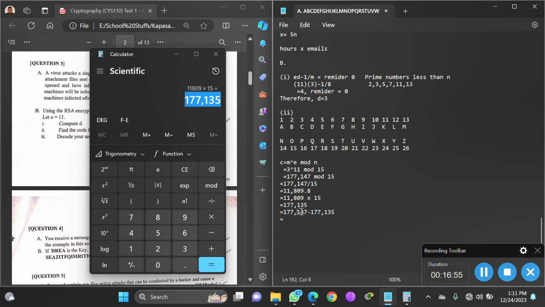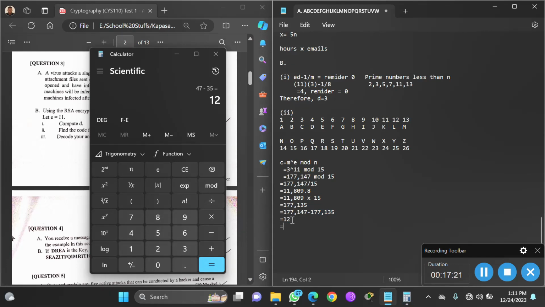So we only concentrate on 147 minus 135, or we can say starting from here up to here is the same as from here up to here. So it's 47 minus 35. Without wasting time, it's 47 minus 35. So we get 12, like that.